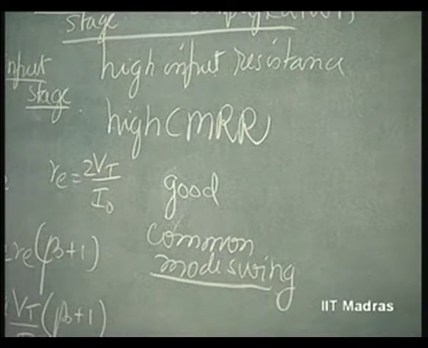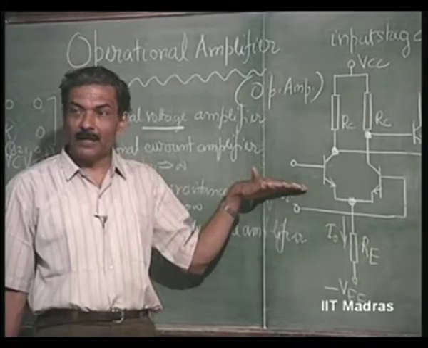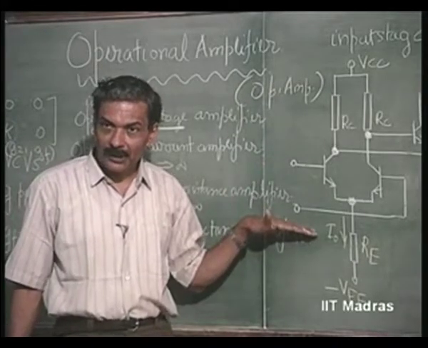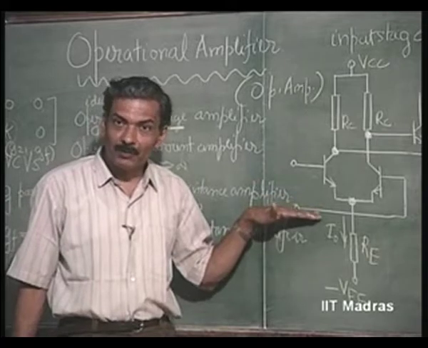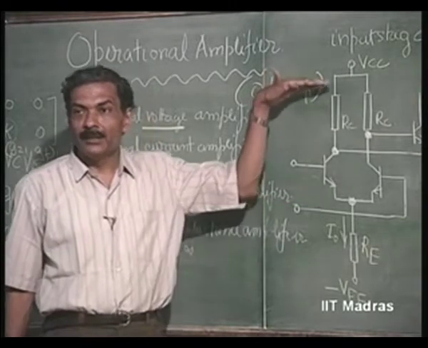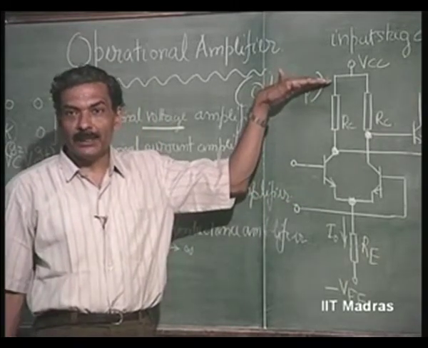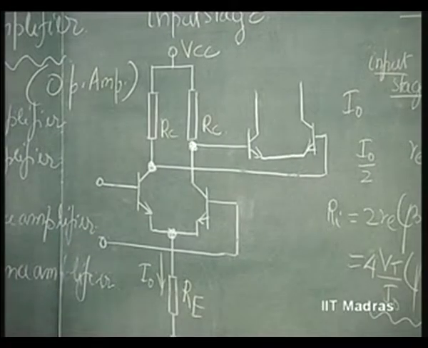The common mode voltage, we do not know what kind of input comes through. The common mode voltage may be there along with the differential mode voltage. It may be 0, it may be very nearly the positive supply voltage, or very nearly the negative supply voltage.